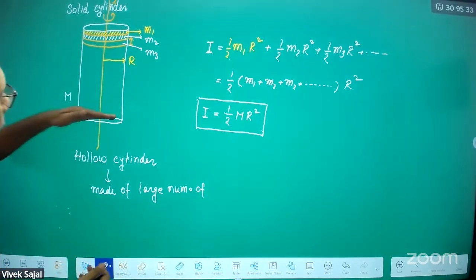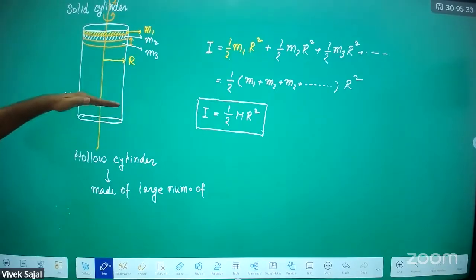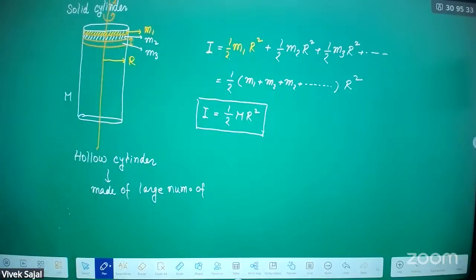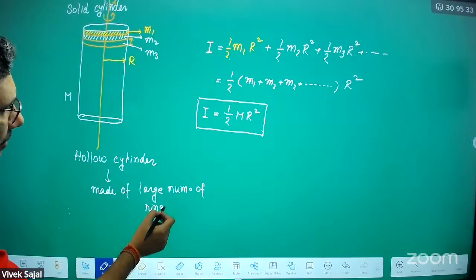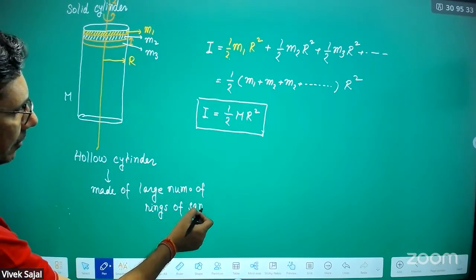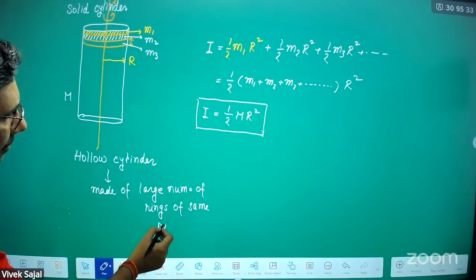You are going to place those large number of rings one above the other. This will be the first ring, this will be the second ring, this will be the third ring. Rings of the same radius r.